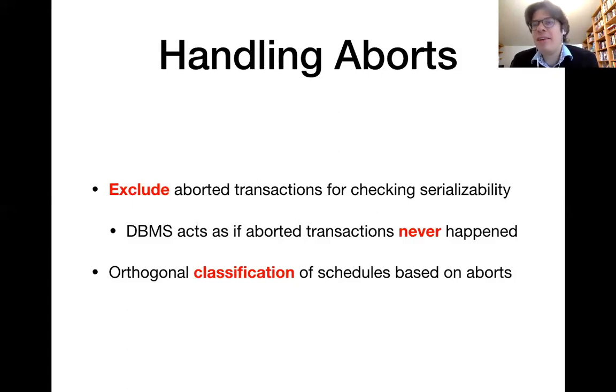So if there's really a cycle in the conflict graph, that is something that should not happen when you use a concurrency control method that aims for conflict serializable schedules. So the goal of concurrency control is to avoid any cycles in the conflict graph and to select schedules which don't have them. So yeah, if that happens, it would be the fault of the programmer of the database management system.